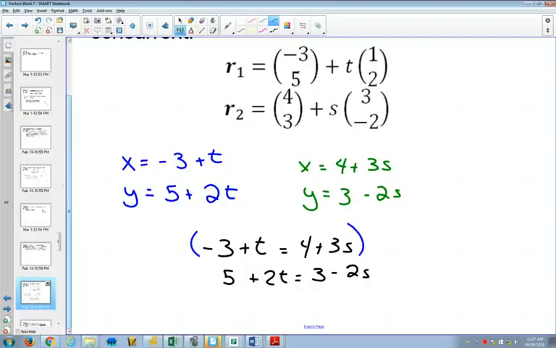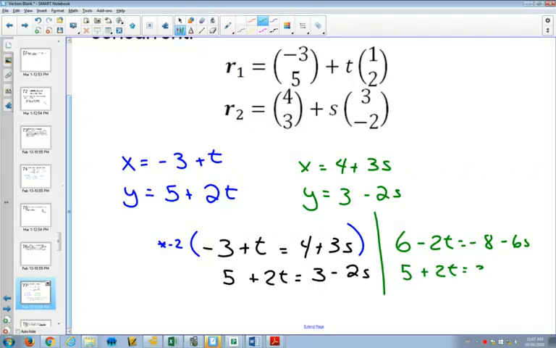I'm going to take this entire first equation and multiply it by -2. I'll rewrite that over here. That would give me 6 minus 2t equals negative 8 minus 6s. And then I'm going to rewrite my second equation: 5 plus 2t equals 3 minus 2s.